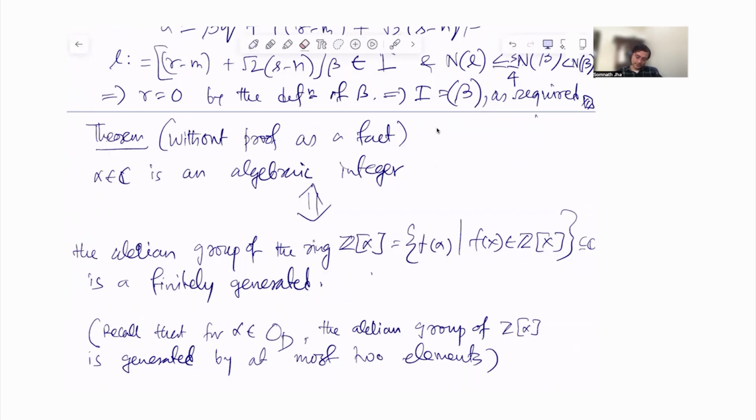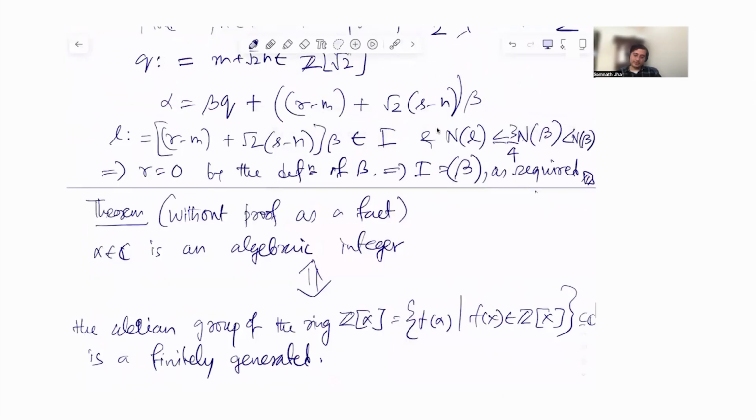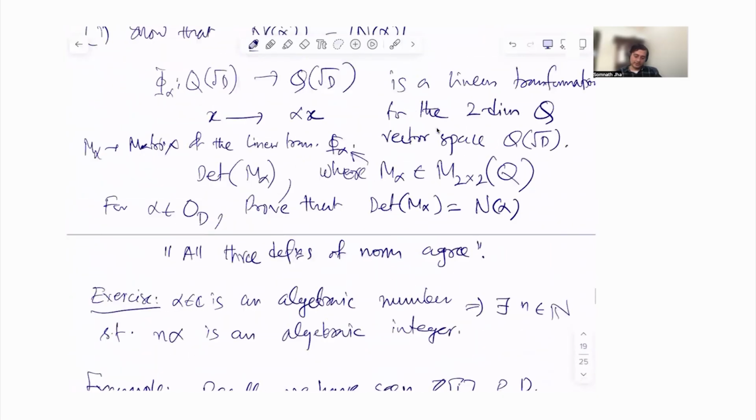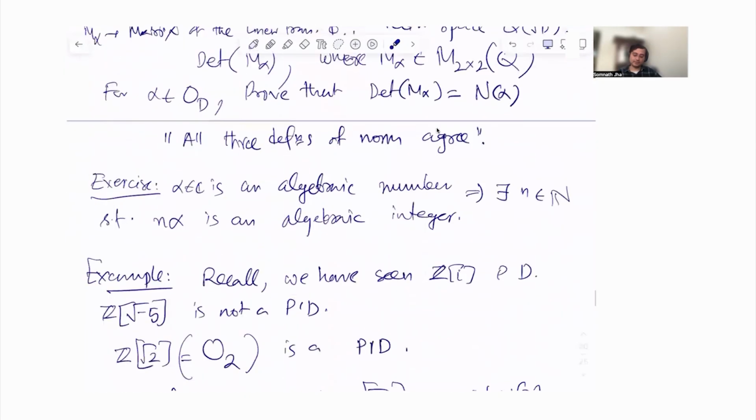More generally this is true, and if you're interested, using that one can prove that the set of all algebraic integers forms a ring, and then that the set of all algebraic numbers forms a field, and Q bar, the algebraic closure of Q, is this field of algebraic numbers.